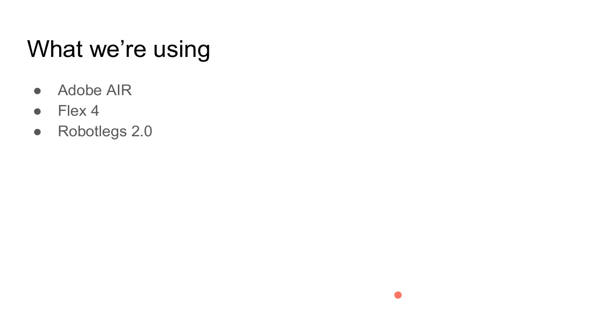I think that's the term. And it just lowers our development time if we only need to really develop for one. Flex 4 is mainly because that's what Adobe AIR requires, and we're familiar with it from the Flash client that you're using now.